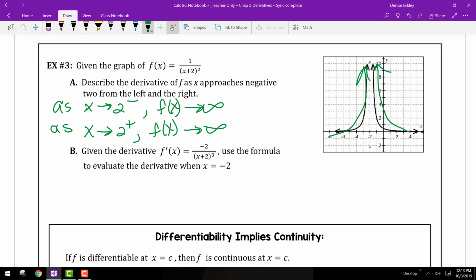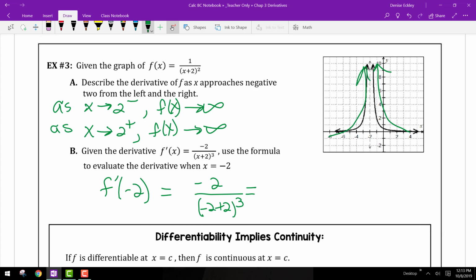Given the derivative is this function, f prime of x equals -2 over (x plus 2) to the third, use the formula to evaluate the derivative when x equals -2. So we're going to do f prime of -2. We substitute that in, so we get -2 over (-2 plus 2) cubed.